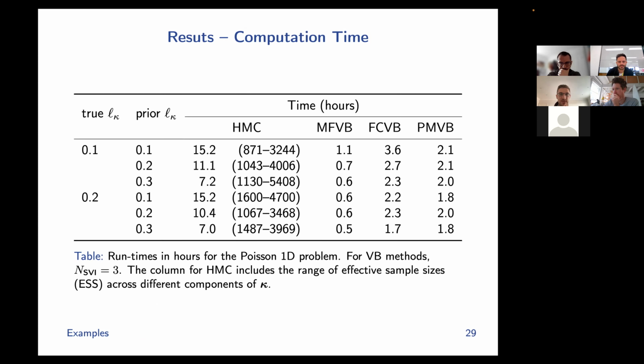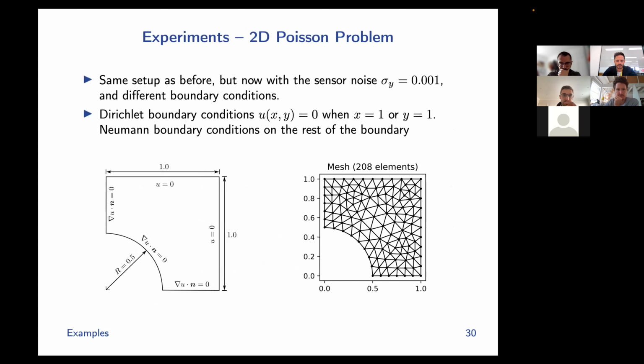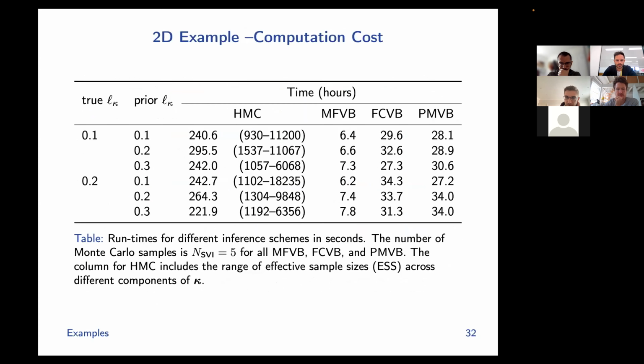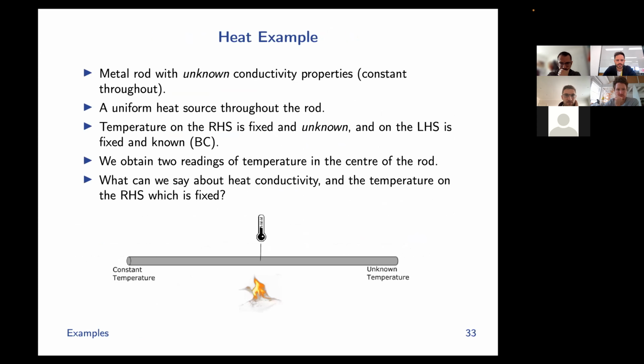What we have here is the runtimes of different methods, and we can see that variational Bayes methods are an order of magnitude faster than MCMC methods. I'm going to skip the 2D experiment because it's exactly the same, and the same conclusions apply, so that we have time for questions.